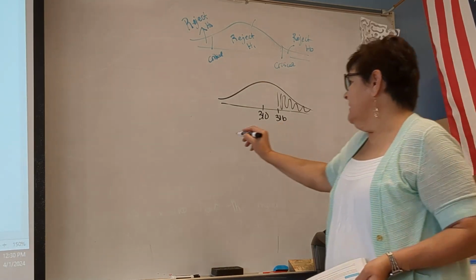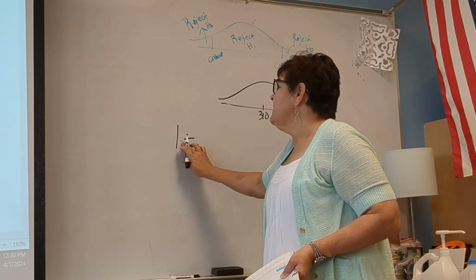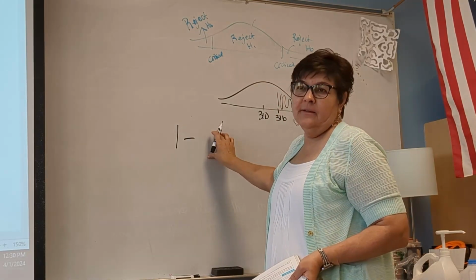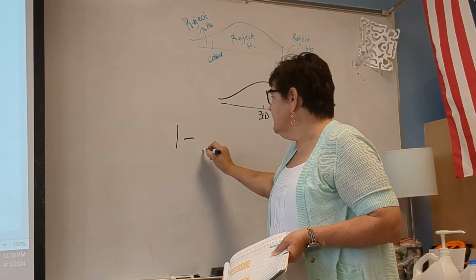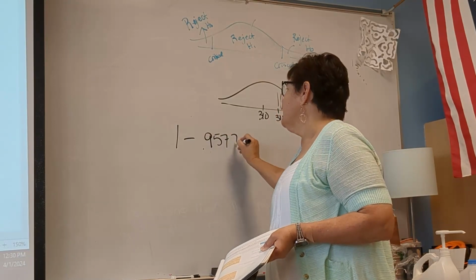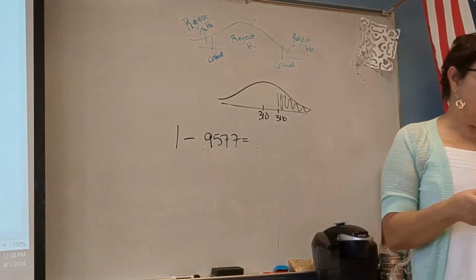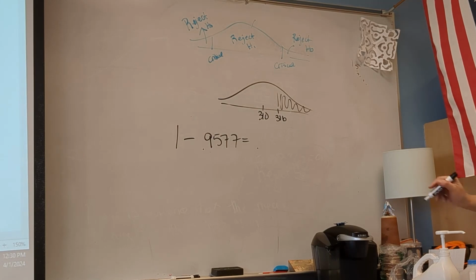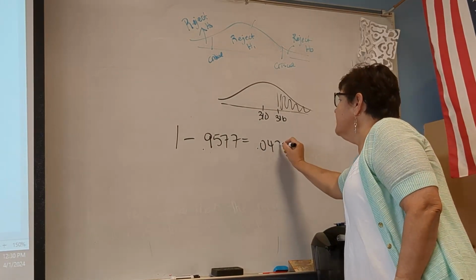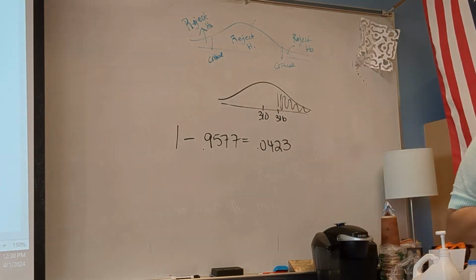0.042, yeah. So it's 1 minus, what is the z-score of 1.725? 0.9577. That's what I was looking for. And so it's 0.0423. Okay, are we all getting that? Are we cool there?